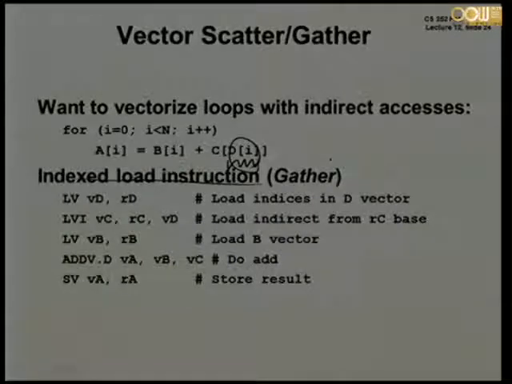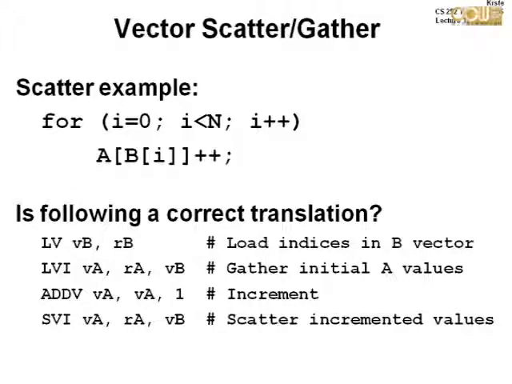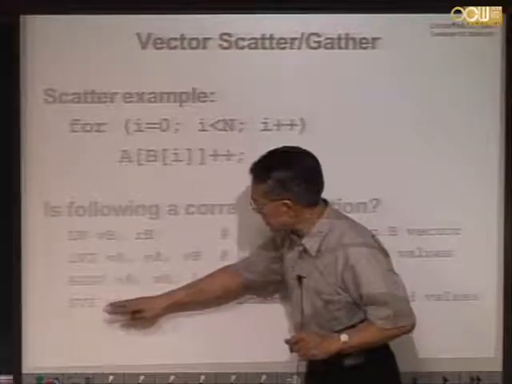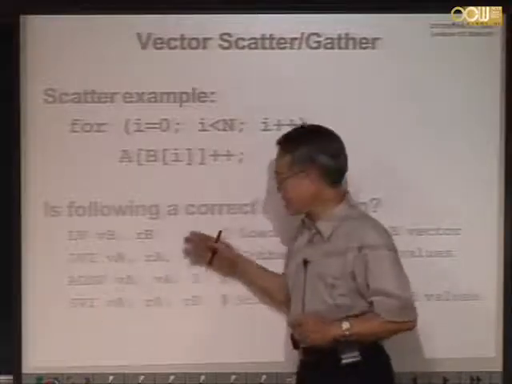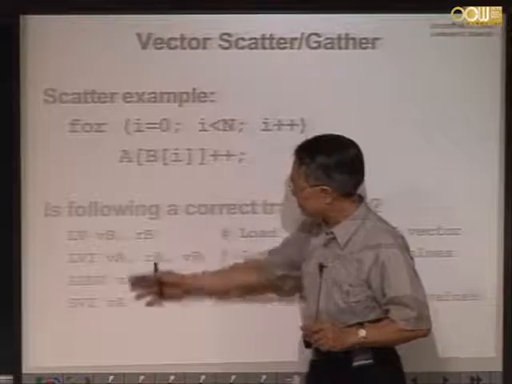Okay, so this is the assembly form. And we should have another example for this. I'm sorry, this is the gather, this is the scatter. So this is the assembly form, okay?